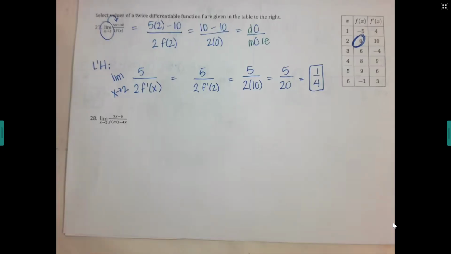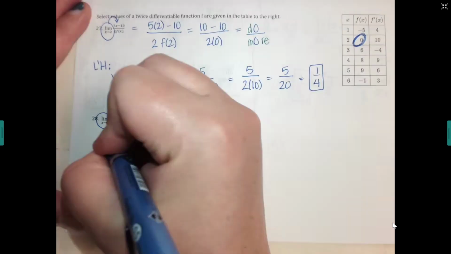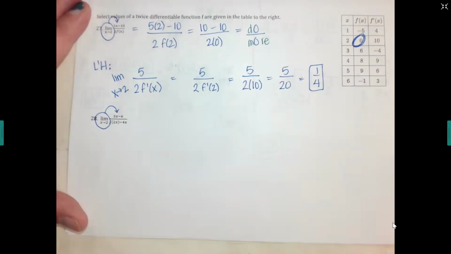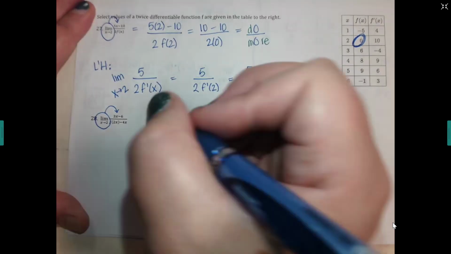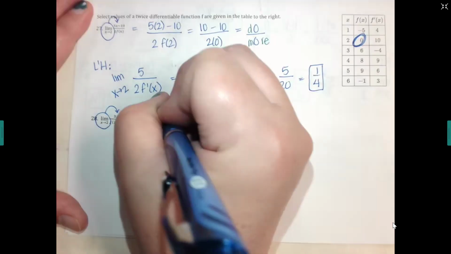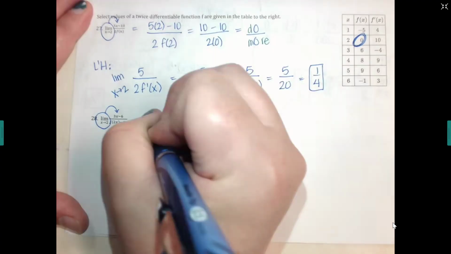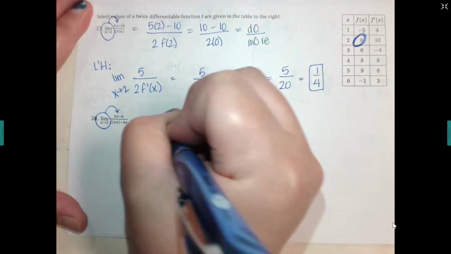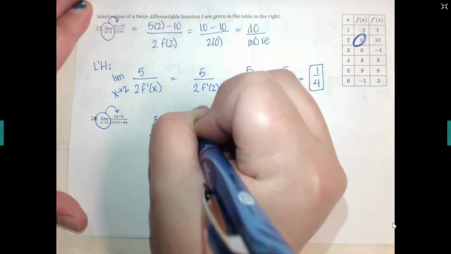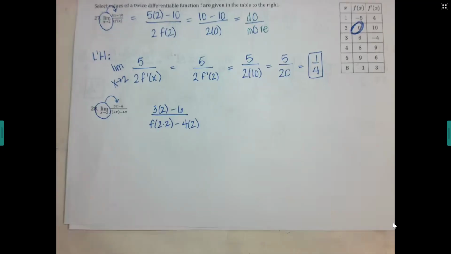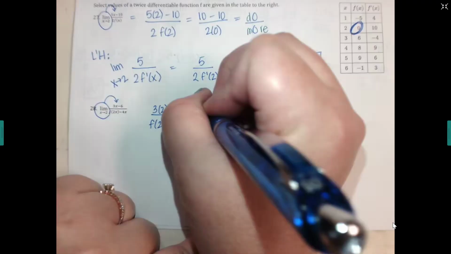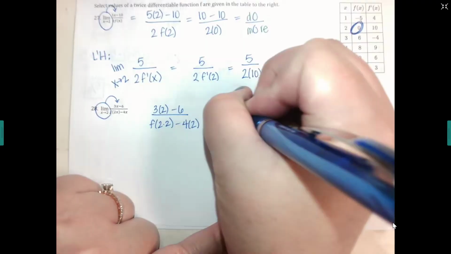Okay, first thing I'm going to do is plug in my x approaching 2. So I'd have 3 times 2 minus 6 over f of 2 times 2 minus 4 times 2. 3 times 2 is 6. 6 minus 6 is 0.